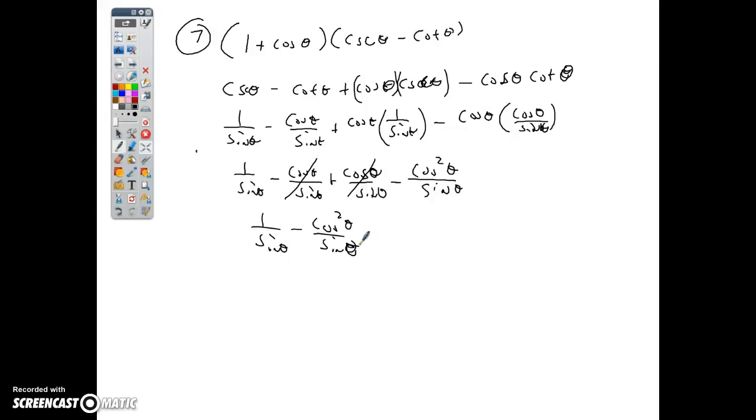Now I've got one more glitch we have to remember. 1 minus cosine squared is sine squared theta. So that big old mess is sine theta.